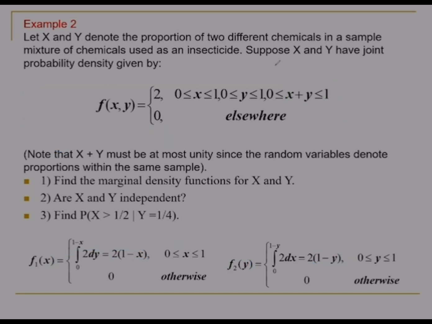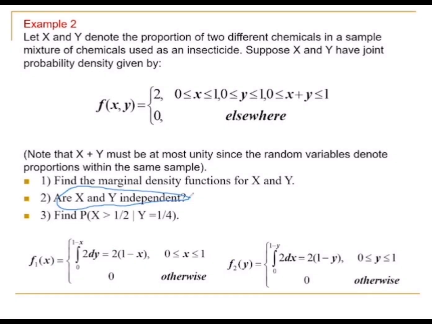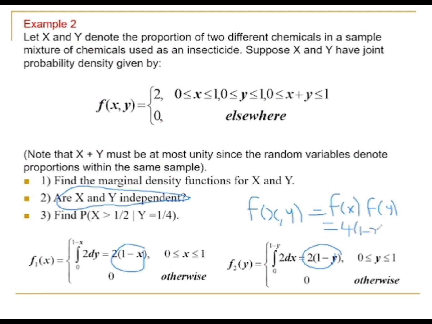The next thing we want to investigate is whether x and y are independent, and the only way to investigate that is to show whether f of x y can be a product of f of x and f of y. So if I multiply this by this, the result is basically going to be 4 times 1 minus x and 1 minus y, and that is not equal to f of x y.